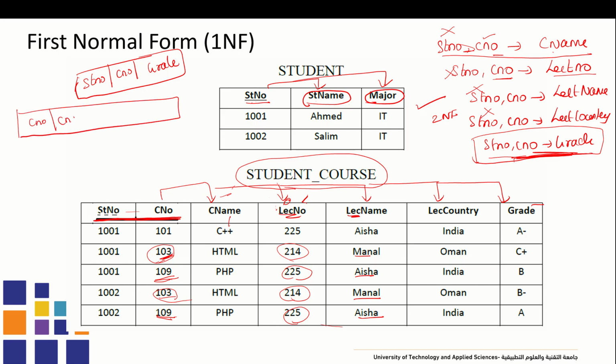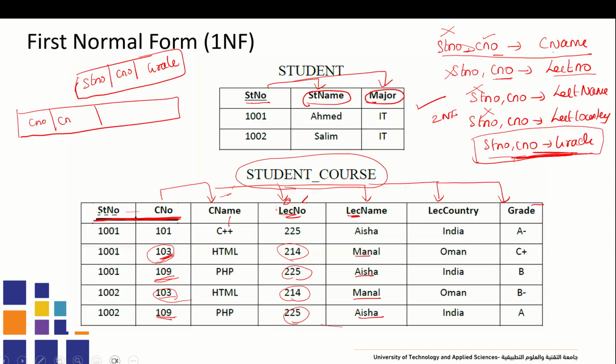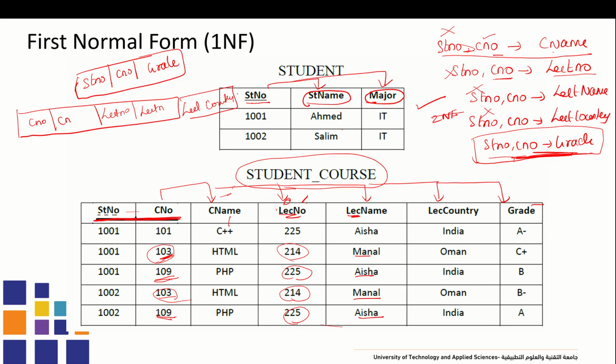Course number, course name, then I have lecture number, lecture name, lecture country will be in one table.